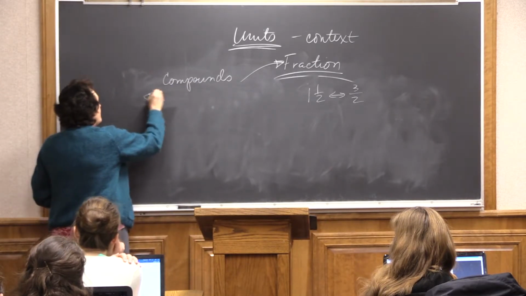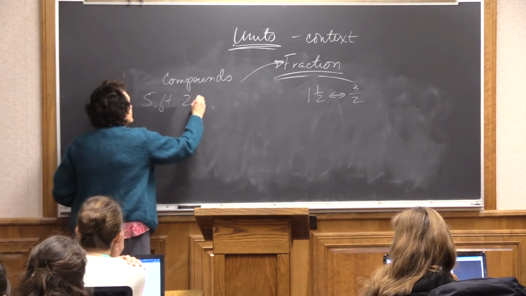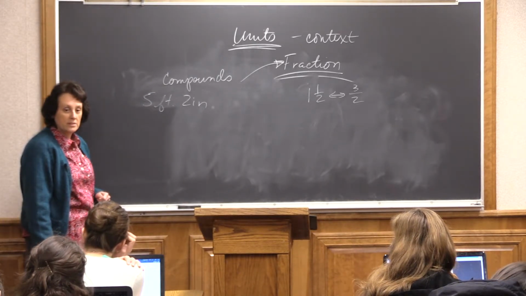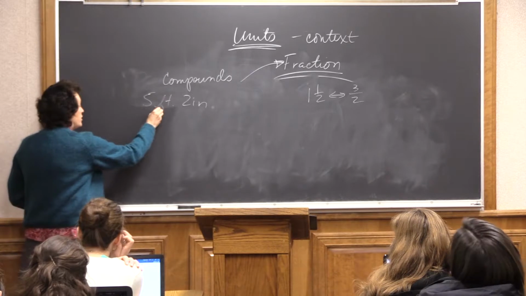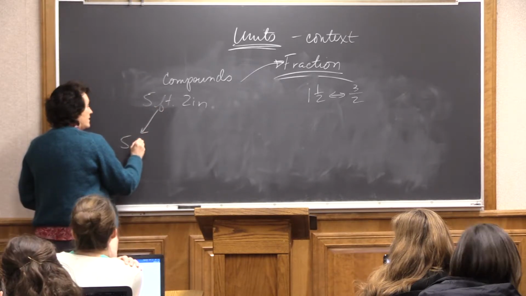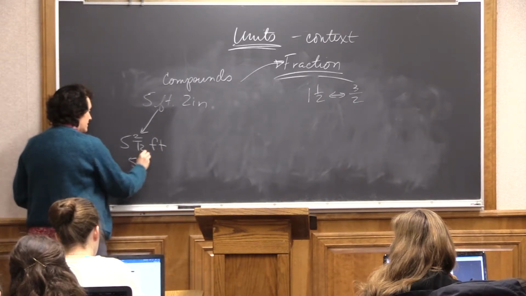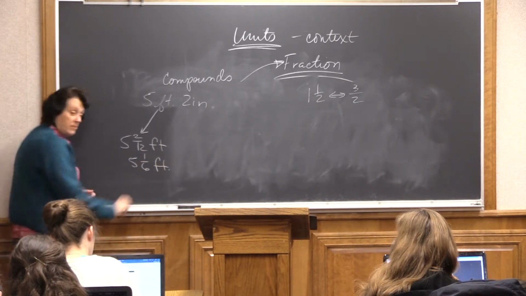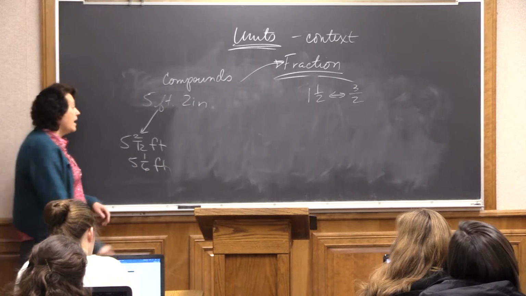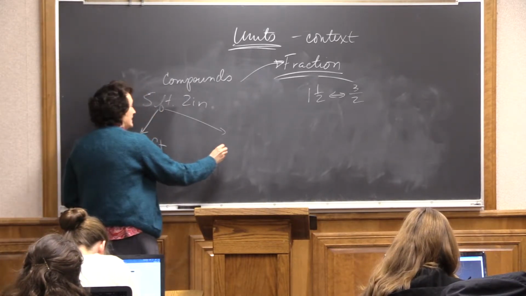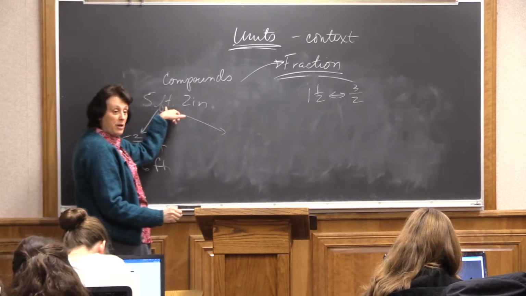Let's just say 5 foot, 2 inches. What do we have to do? We have to be able to go to the larger unit. Right? And we also have to be able to go to the smaller unit. 5 times 12 is 60.